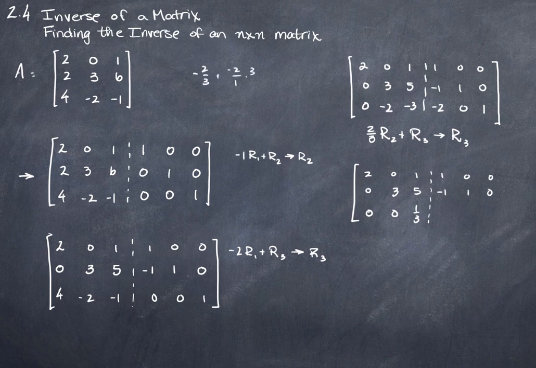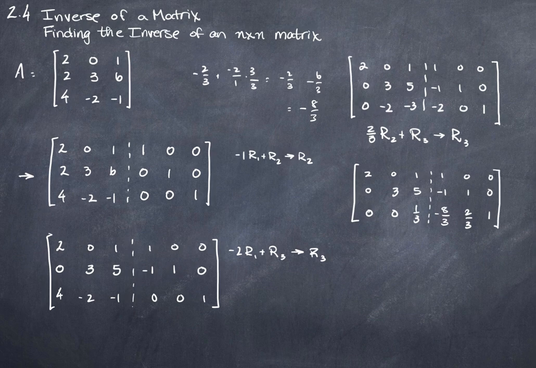Well, I need a common denominator of 3. So I get negative 2/3 minus 6/3, which is negative 8/3. So that goes here. Then I have 1 times 2/3, that's 2/3 plus 0. And then 2/3 times 0 plus 1.